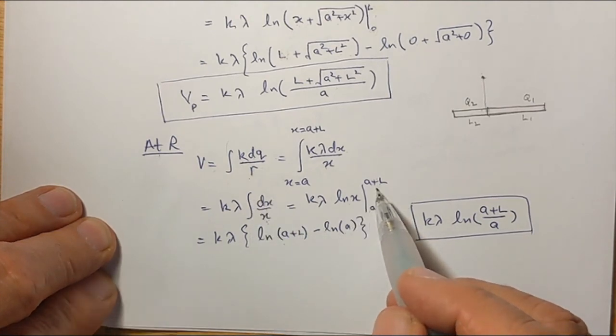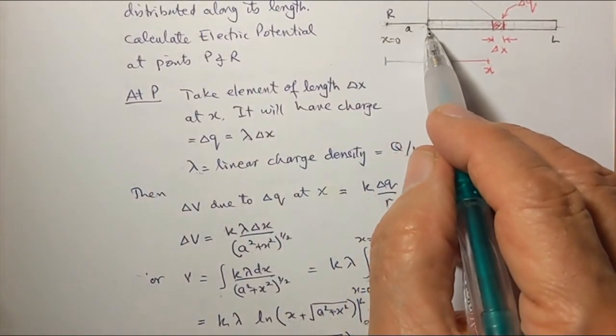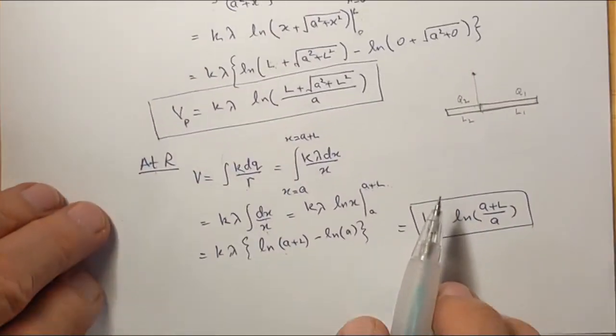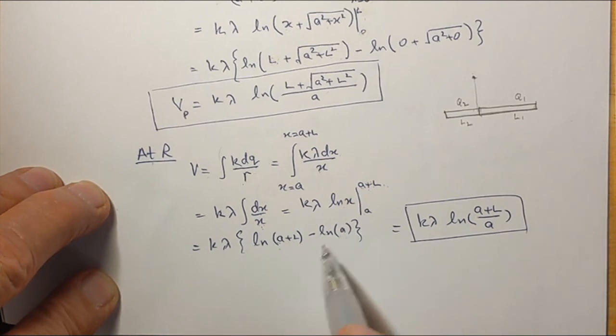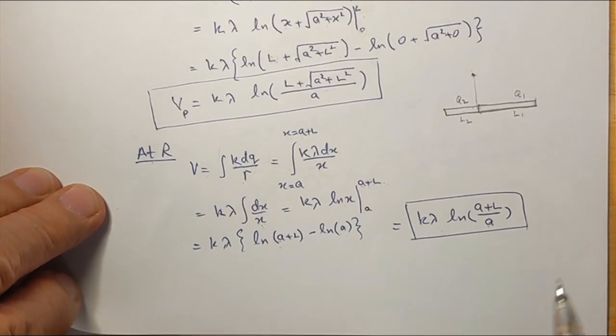Apply the limits from a to a plus L. So the limits are from x equals a to here, and substituting these, ln of a plus L minus ln of a, so it becomes ln of a plus L over a. That becomes the potential at the point R.